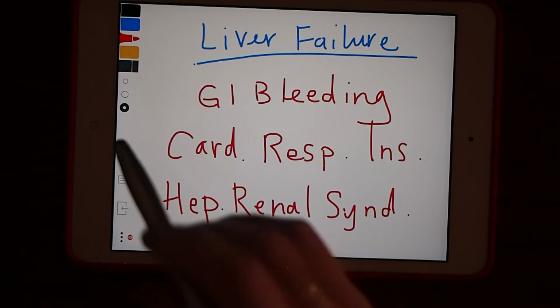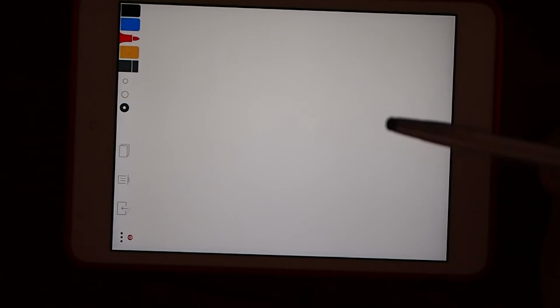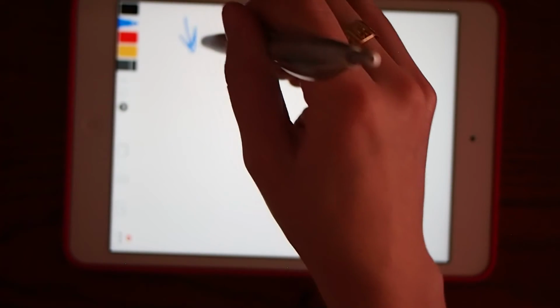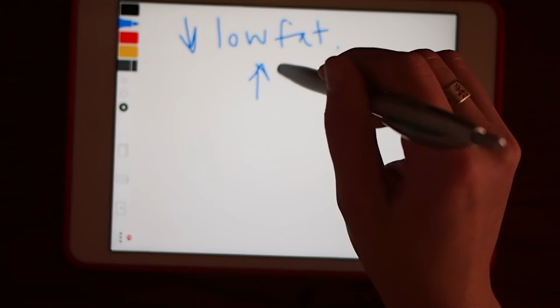So, let's move on. We're getting close to the end. The nursing and collaborative care interventions for this include nutrition. Nutrition encourages a low-fat and high-carb diet.